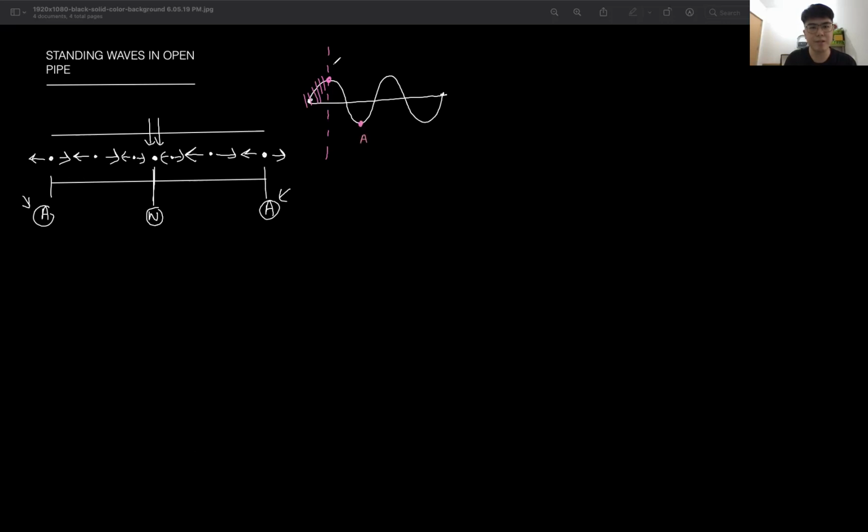This is the next antinode. So we draw the pattern like this. So the first pattern for an open pipe looks like this, like an hourglass. One node in the middle, antinode, antinode, fundamental mode. First harmonic.